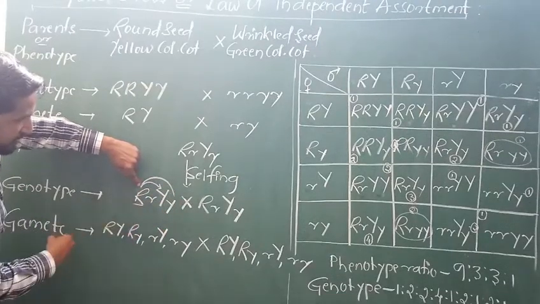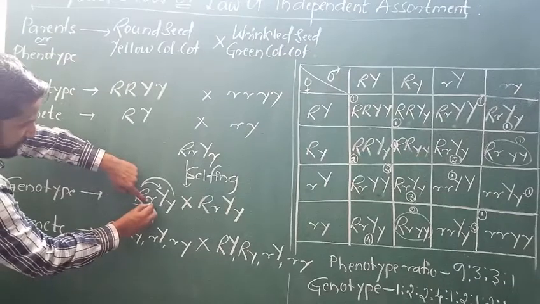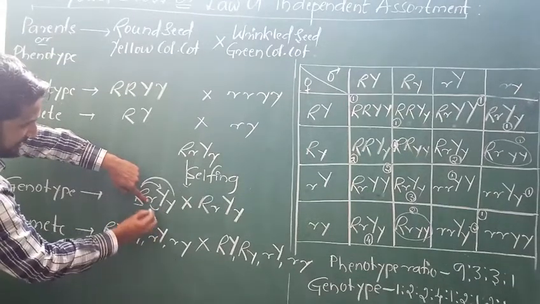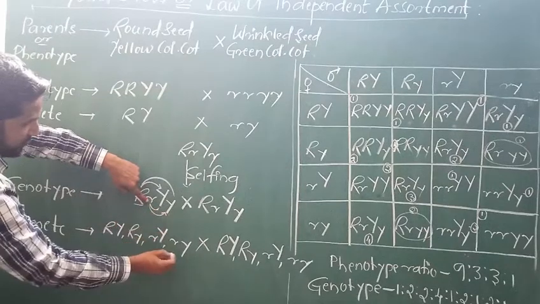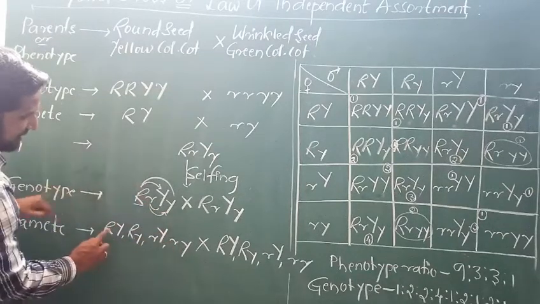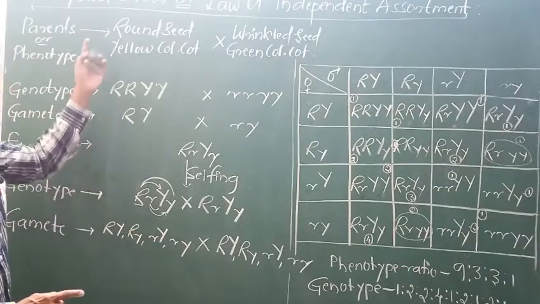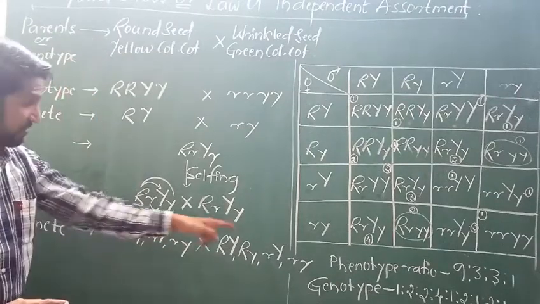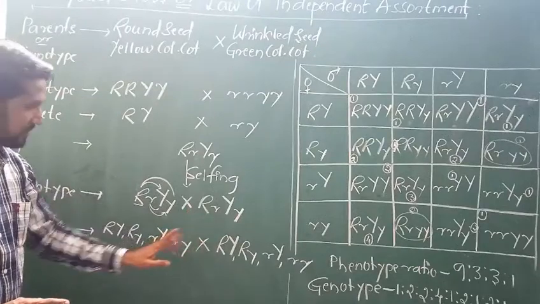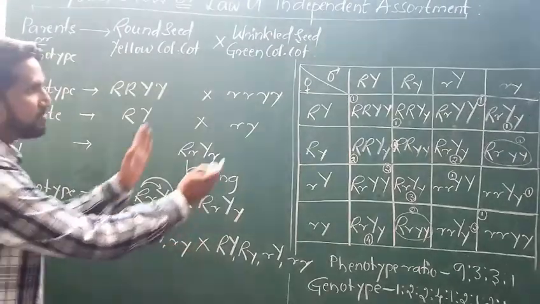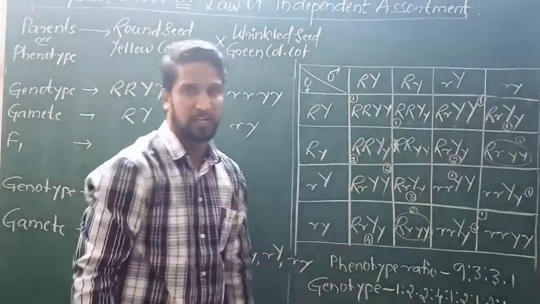Now small r with capital Y, and small r with small y. Right? One, two, three, four gametes will form. In the dihybrid, it is four plus four, because of the other factor. These are the gametes, and they are put under the checkerboard.